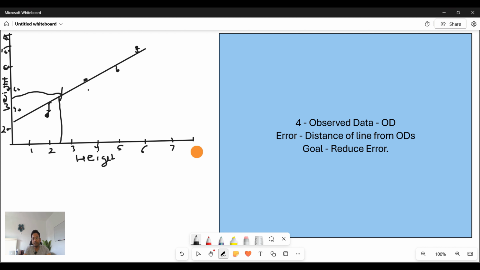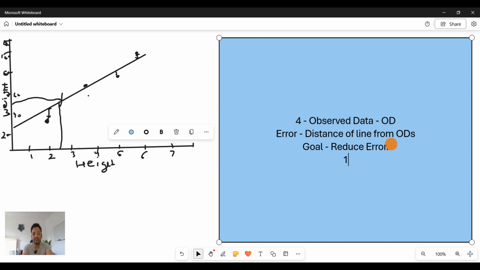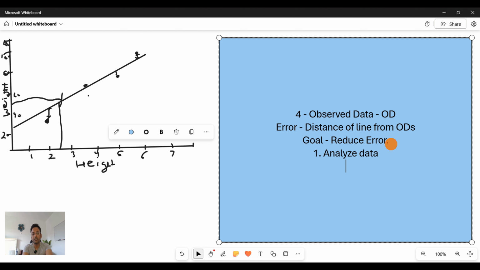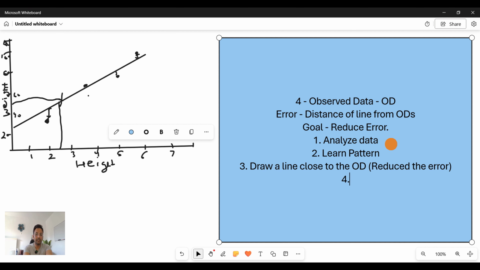If I simply look at what steps you took here: first you analyze the data, second you learn the pattern, third you draw a line close to the observed points, so basically you reduce the error, and fourth you started prediction.